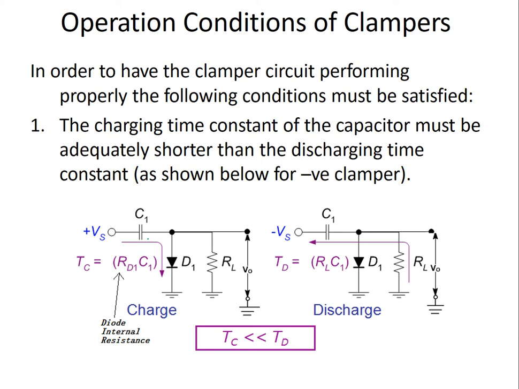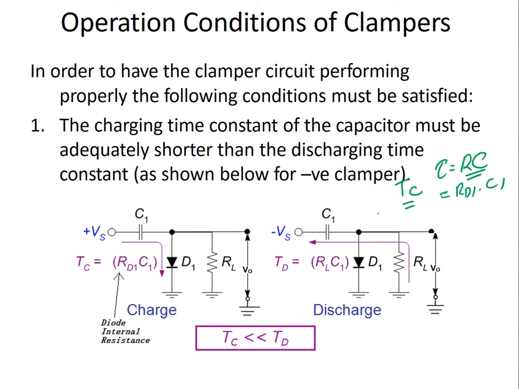In the first case the capacitor is charging with a time constant, and the time constant is basically the product of the resistance and the capacitance value. So here the charging time constant will be equal to the diode internal resistance multiplied with this capacitor value. This is the charging time of the capacitor.